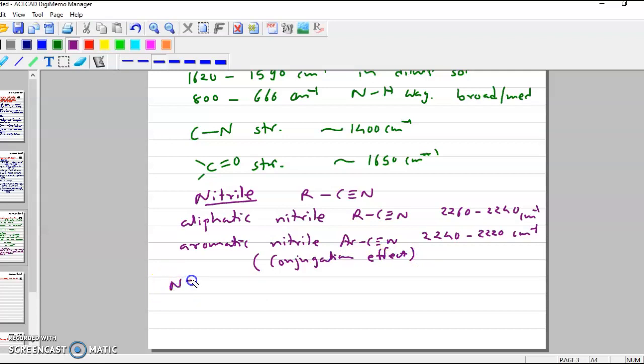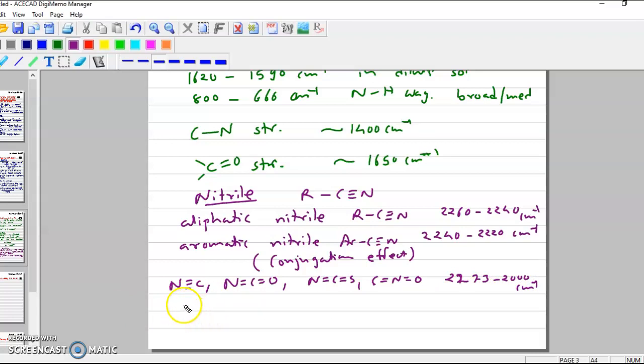And there are some other groups also: N triple bond C, N double bond C double bond O, N double bond C double bond S, C double bond N double bond O. Here you will observe at 2273 to 2000 centimeter inverse. Okay.